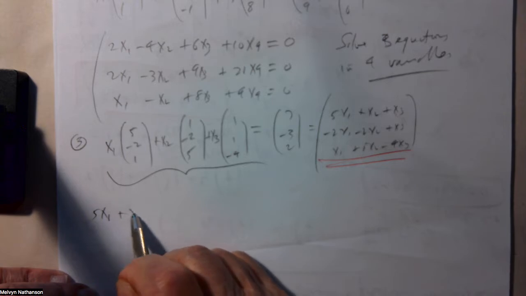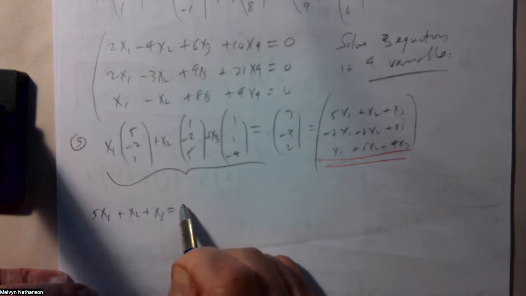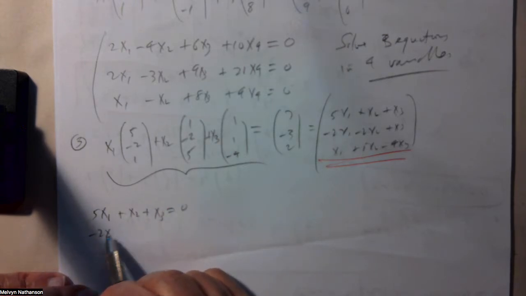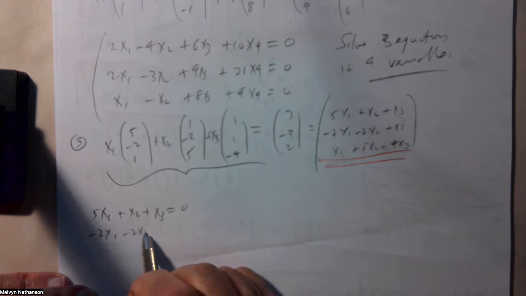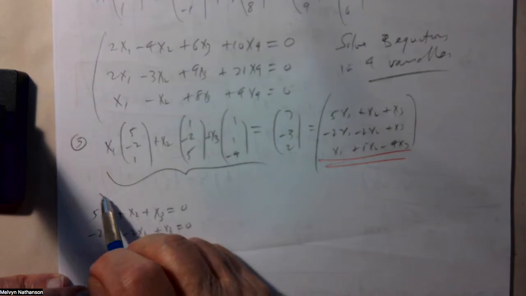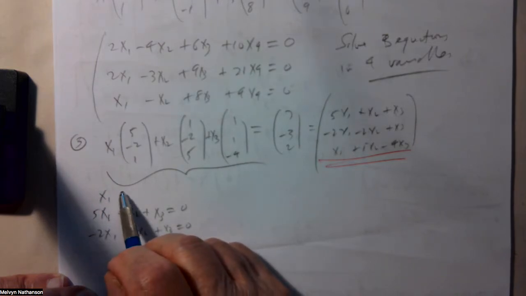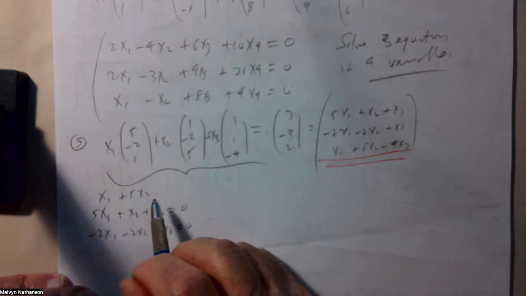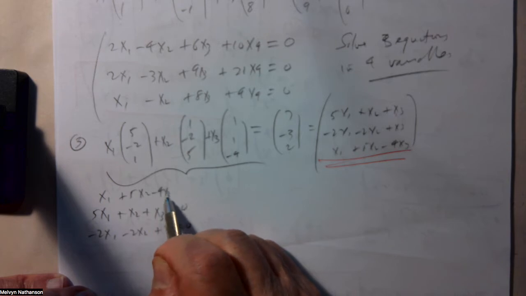5x1 plus x2 plus x3 equals 0. Minus 2x1 minus 2x2 plus x3 equals 0. In the third equation, let me just put it on top, x1 plus 5x2 minus 4x3 equals 0. So again, we have to solve the system of linear equations.